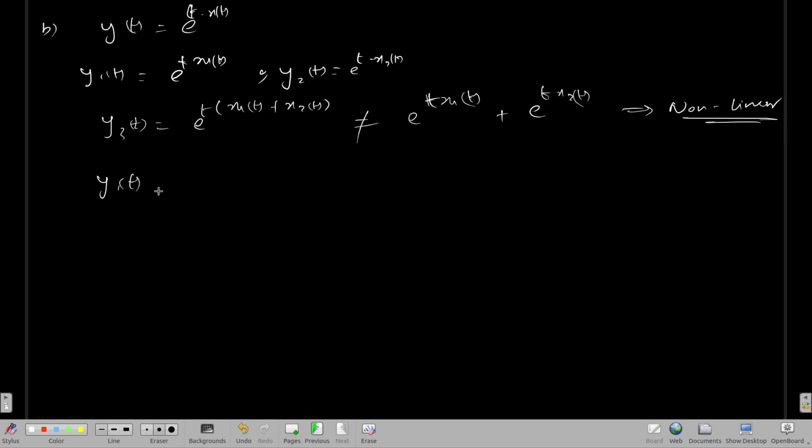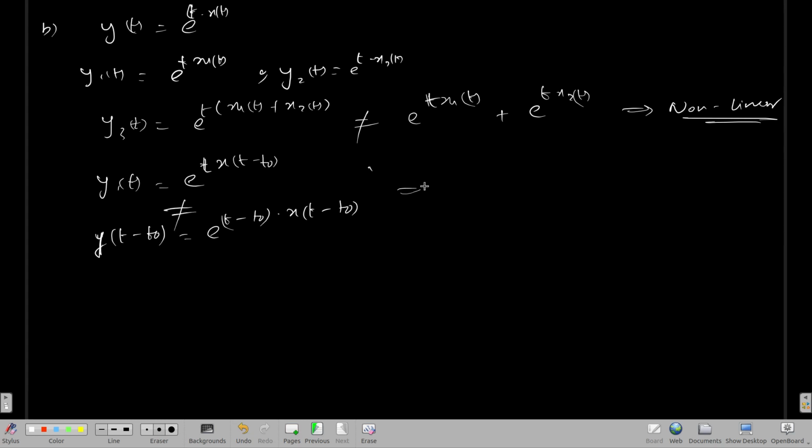How do we check for time invariance? First we see the output for a shifted input. It is e to the power of t x of t minus t naught. Now how will we get a shifted output? We have to shift all the time terms on the right side, so it will be e to the power of t minus t naught into x of t minus t naught, both of which are obviously not the same.